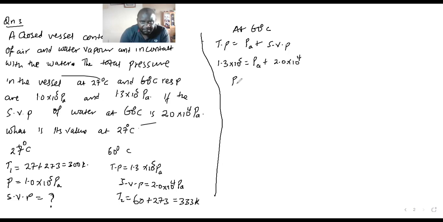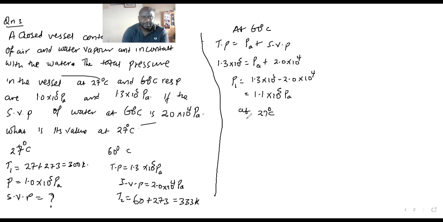When you subtract, let me call this pressure P1, which is 1.1 times 10 to the power 5 pascals.